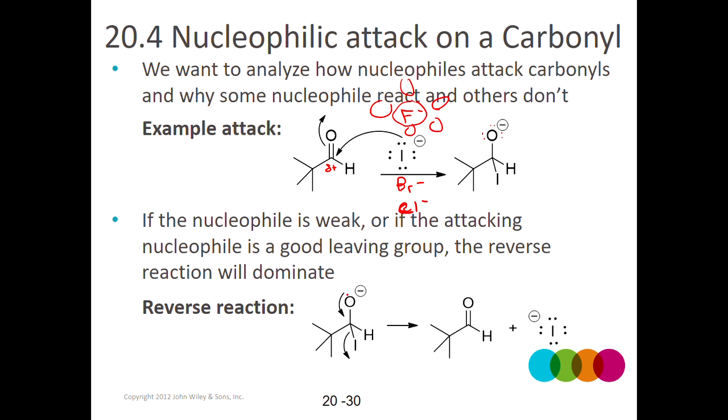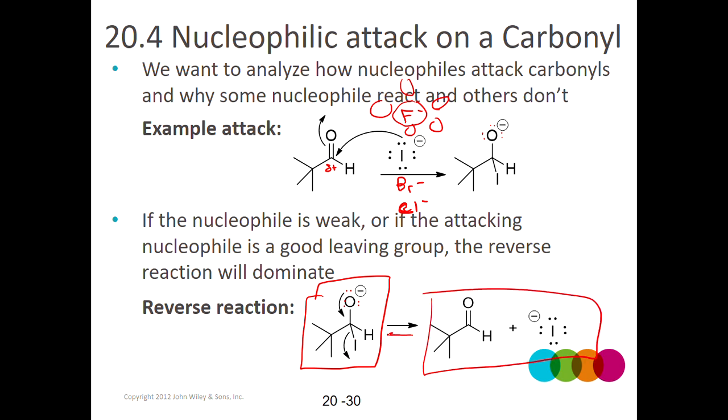So once the negative exists on the oxygen, those electrons will readily shift back in and push that out, just to go back to where we started. So if the attack of the group as a nucleophile and the loss of the group as a leaving group can both occur, what's going to control this process is, am I getting this as my product or am I getting this, right?